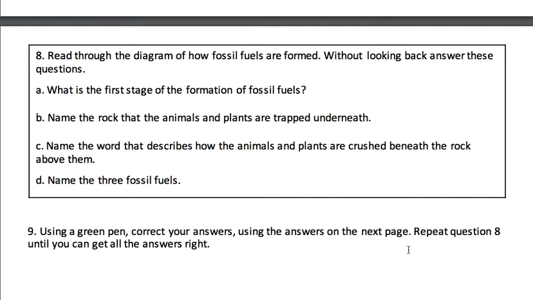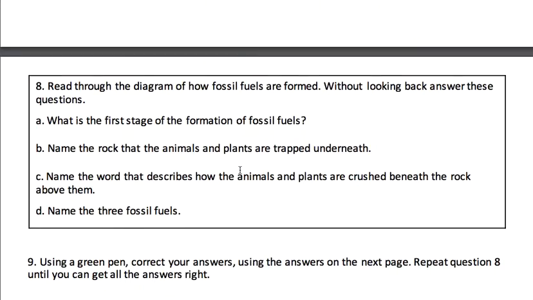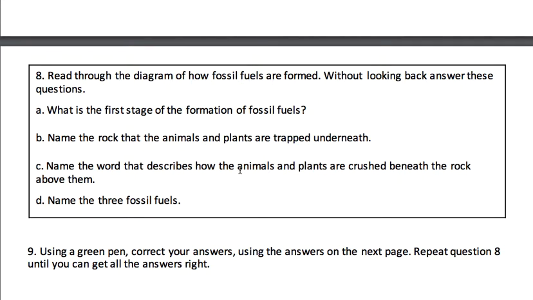Scroll down now, you're on the black box with question number 18. Read through the diagram, that's the diagram above here, of how fossil fuels were formed. And then answer these questions. What is the first stage of the formation of fossil fuel?